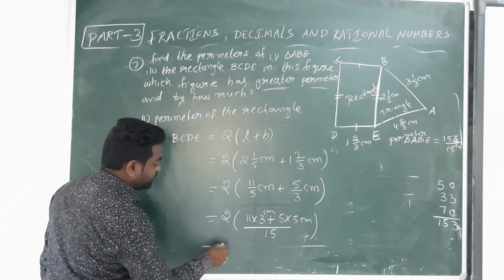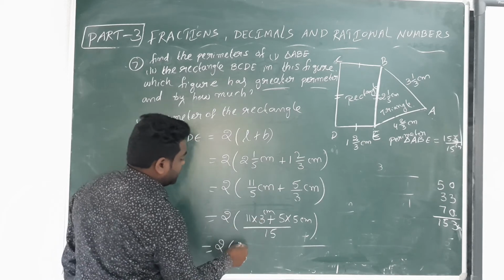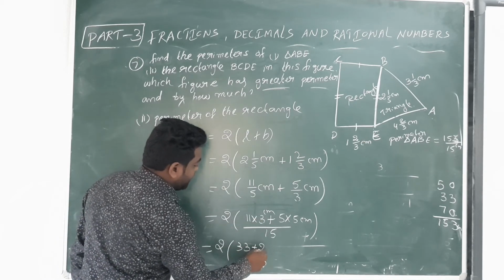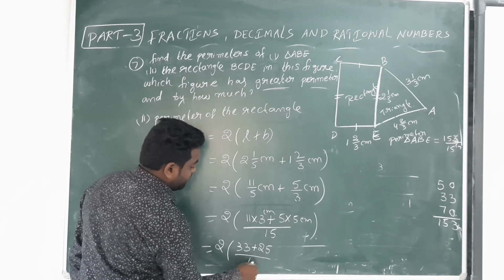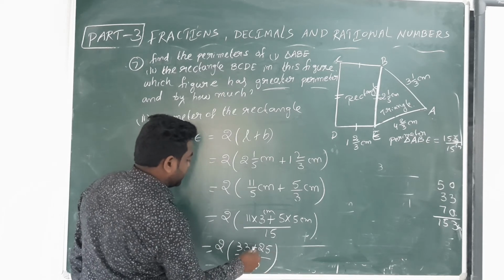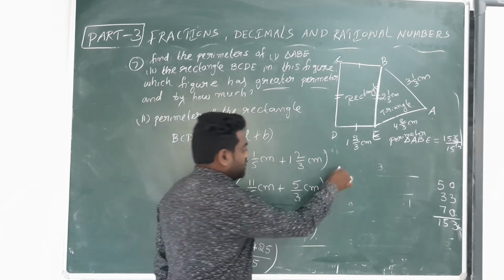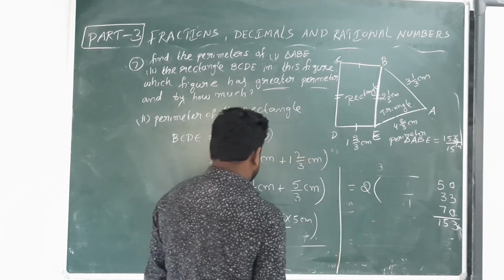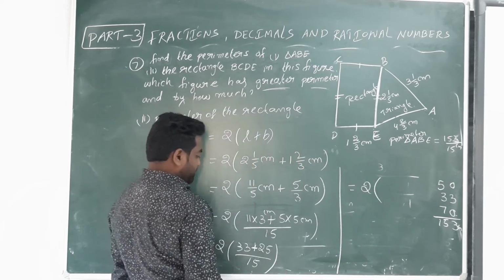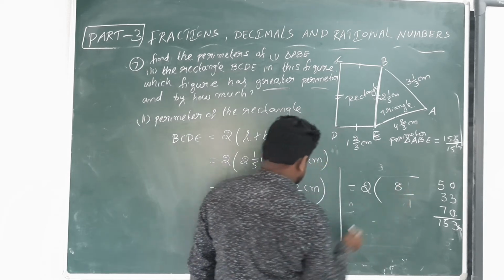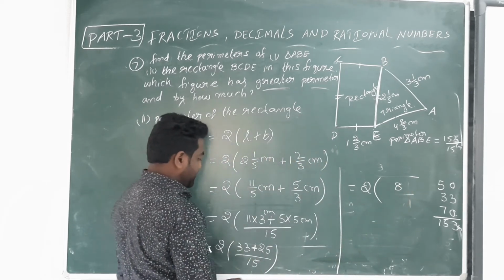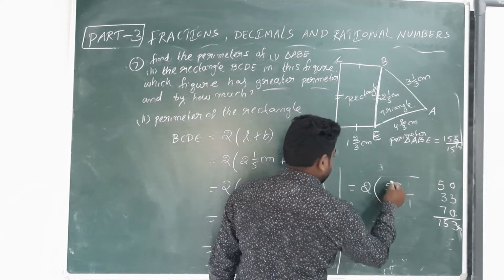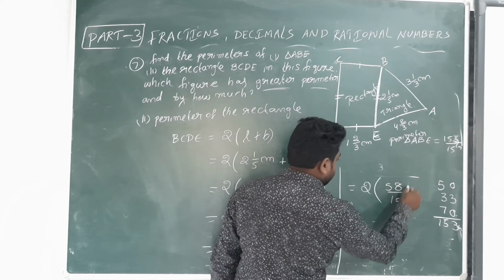That is 2 into (11 3s are 33 plus 5 5s are 25) divided by 15. 33 plus 25 is 58 by 15.